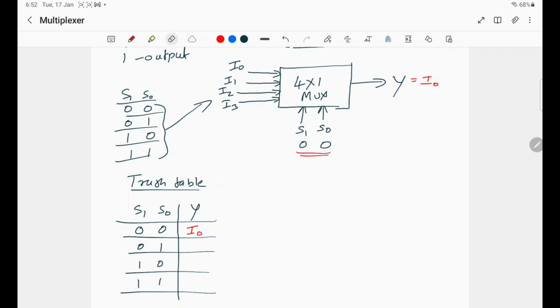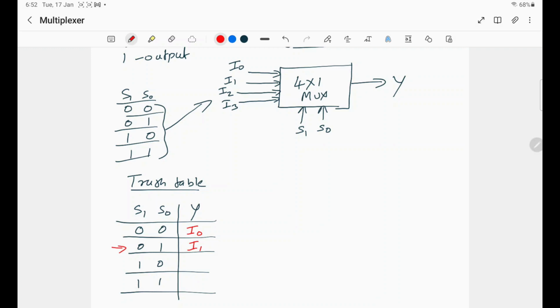Similarly, in the next case, if S1 is 0 and S0 is 1, we will get input I1 at the output. No other inputs will be passed through the multiplexer to the output in this case.